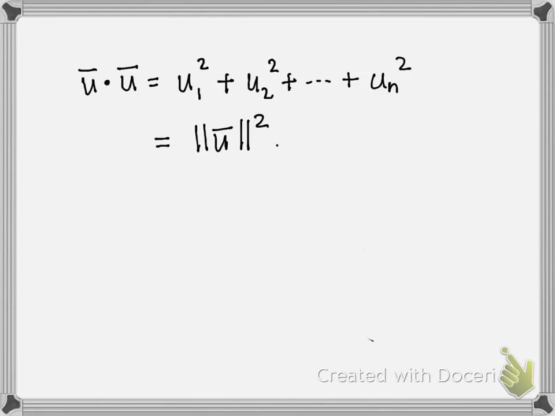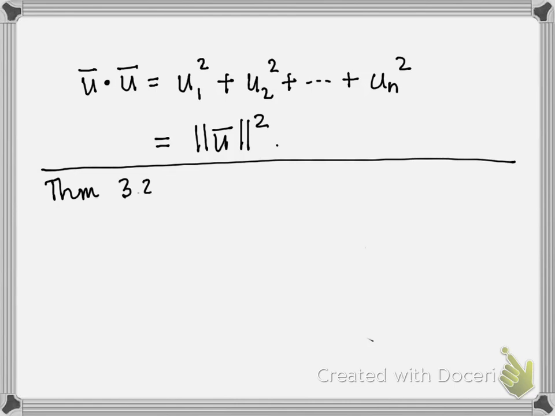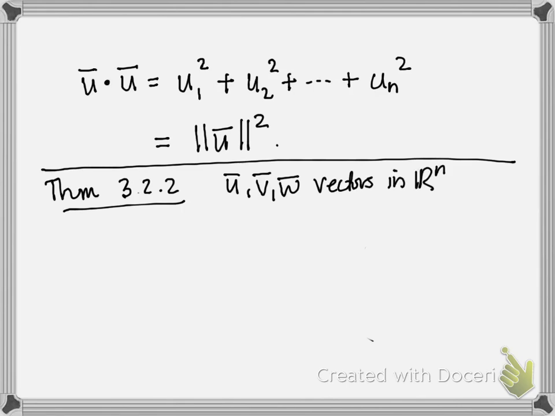Okay, so now for our first theorem. This is theorem 3.2.2. Just a few properties of the dot product. So u, v, and w are vectors, and k will be a scalar. So the first property is that the dot product is commutative.